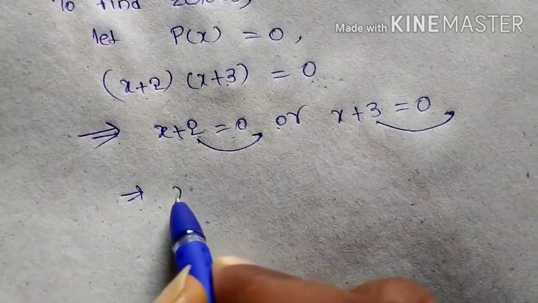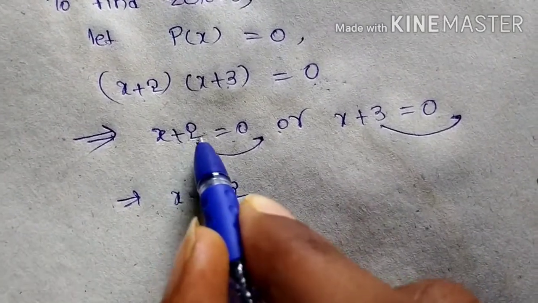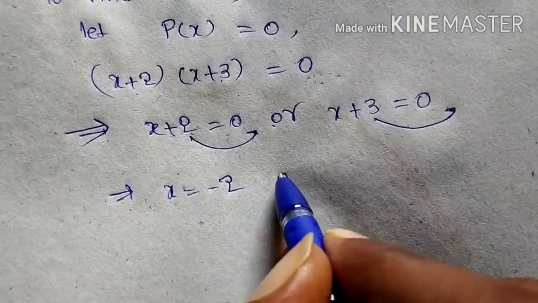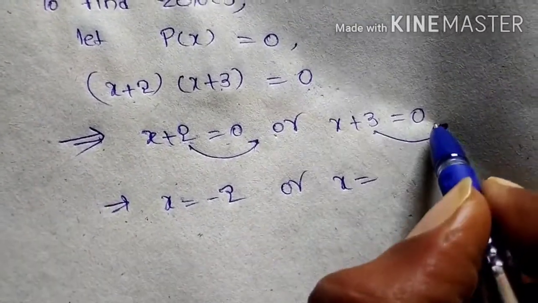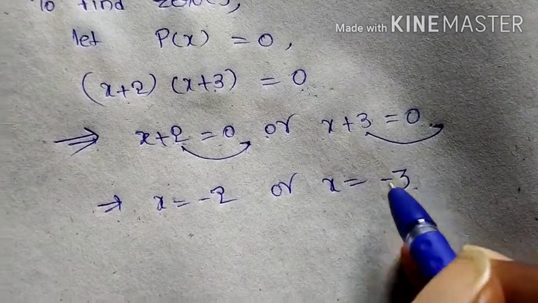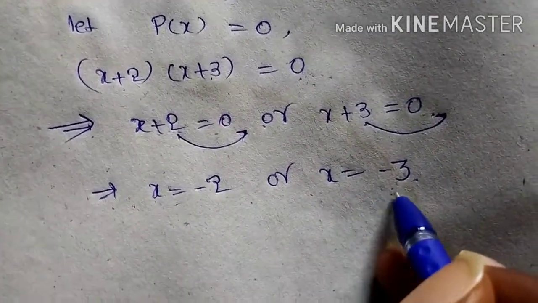You will get x is equal to minus 2. Yes or no? If I transpose 2 to the RHS, it is minus 2, or x plus 3 is equal to 0; transposing, it will become minus 3. That means I can write minus 3. Your answer is x is equal to minus 2 or x is equal to minus 3.